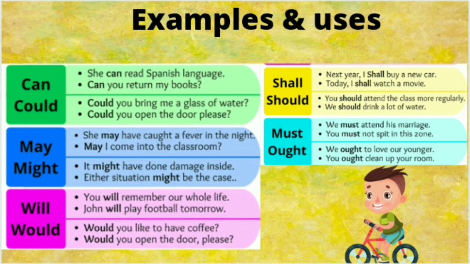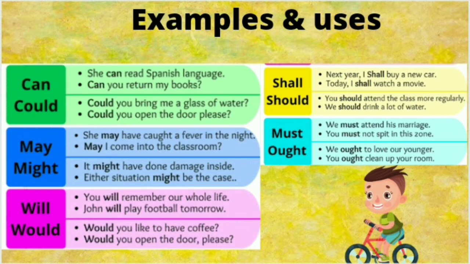Could you bring me a glass of water? Could you open the door, please? Polite request. May. She may have caught a fever in the night. Possibility. May I come into the classroom? Taking permission. It might have done damage inside. Either situation might be the case.